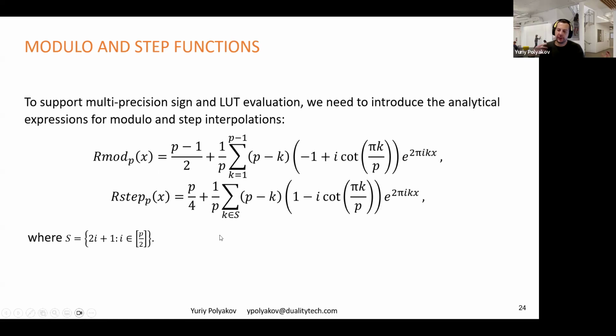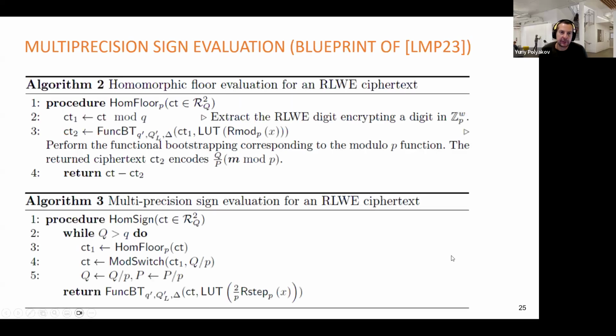Using those 2 functions, for instance, we can do multi-precision sign evaluation. These functions will also give us tools to evaluate a more general LUT.